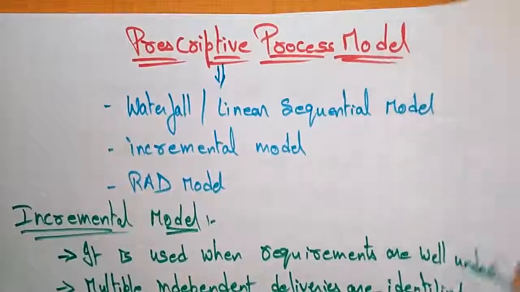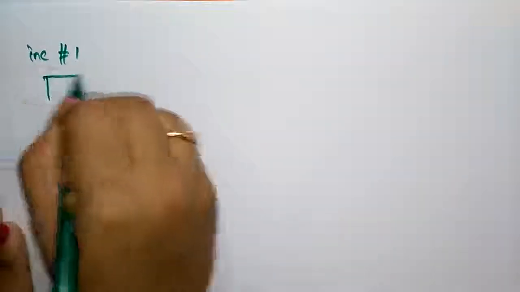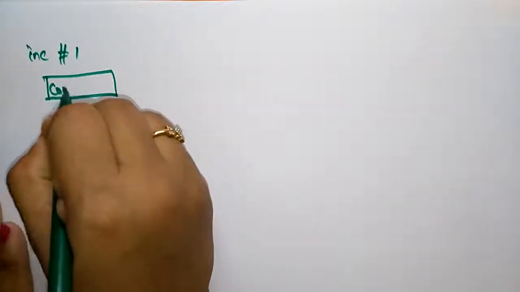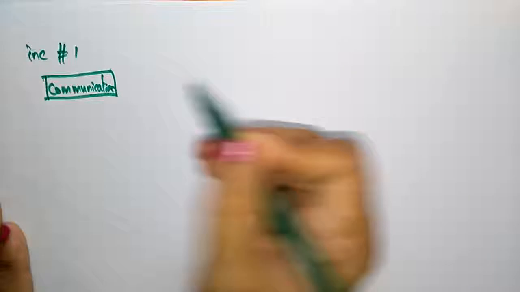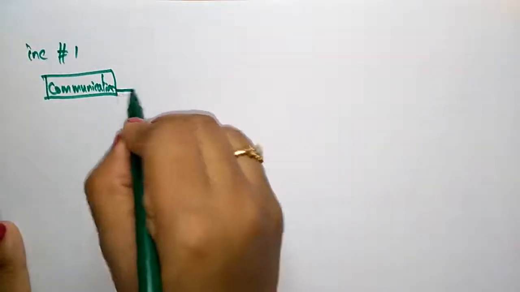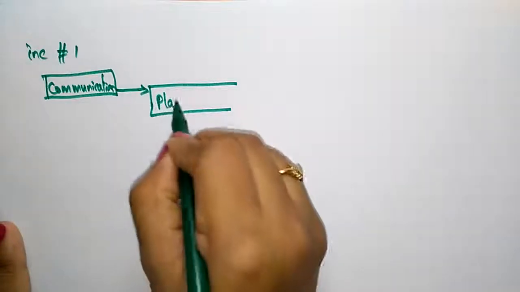Let me show you the diagram of how this incremental model works. Let us take the first increment. This is one module, increment 1. In increment 1, they first communicate with the customer. Next, they plan on the requirements.